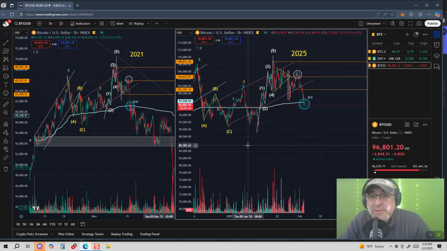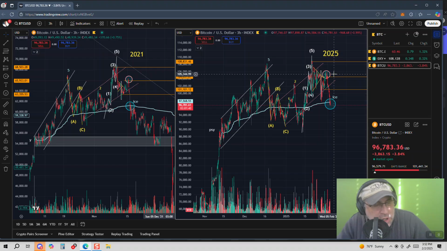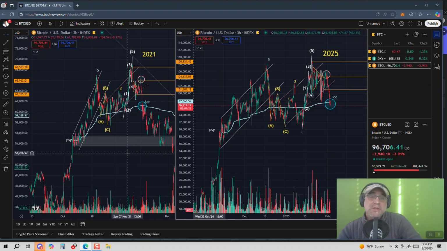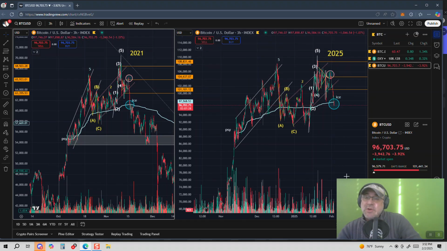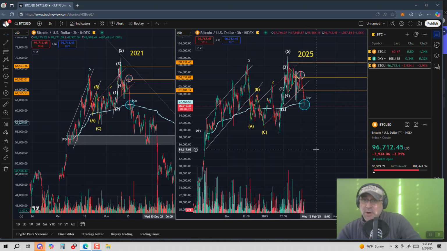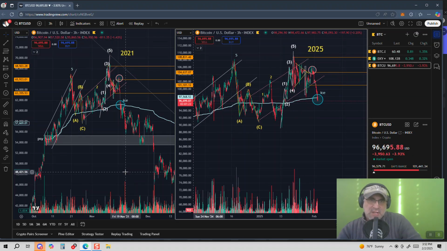And so with that, we're going to continue going off of the same two charts that we have been going off of. This is subcycle B from 2021, and the 2025 cycle, which is where we are currently. We see that everything has played out, almost in replicate fashion.